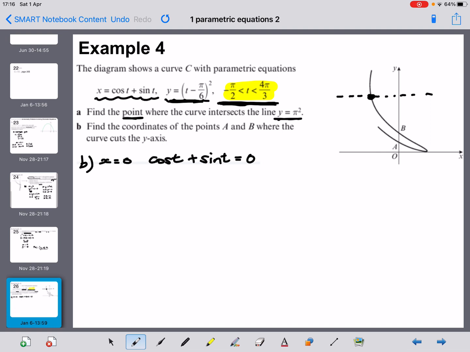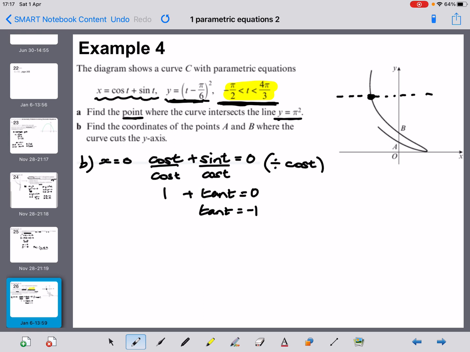Well, if we've got a cos and we've got a sine, if I divide everything by cos t, cos t divided by cos t is 1. Sine t over cos t is tan t, which gives me tan t equals -1.